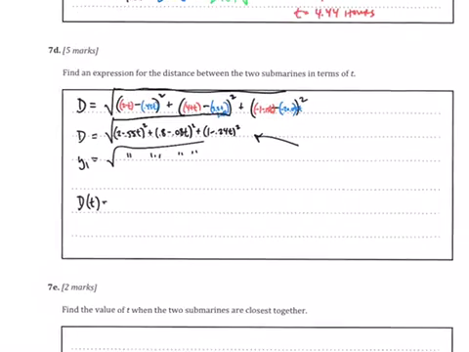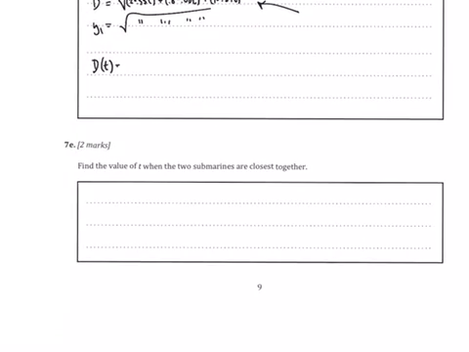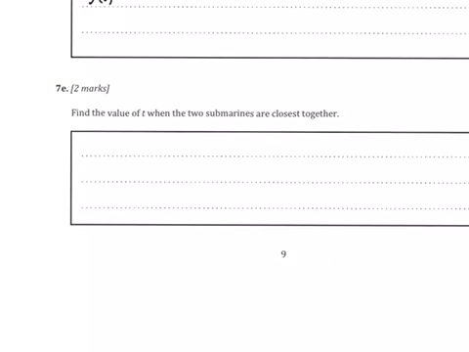So in part E, it asks to find the time when the two submarines are closest together. So you need to start thinking, how am I going to use calculus here? Because this would be where d prime of t is equal to 0. There will only be one spot where the derivative of distance, which you could also note as dD/dt, is equal to 0.